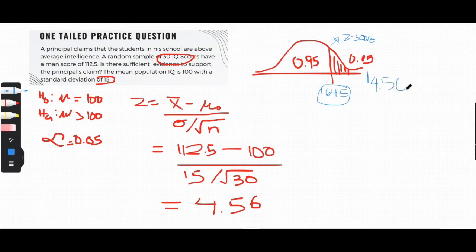It's not that visible, but 4.56 is greater than our 1.645.